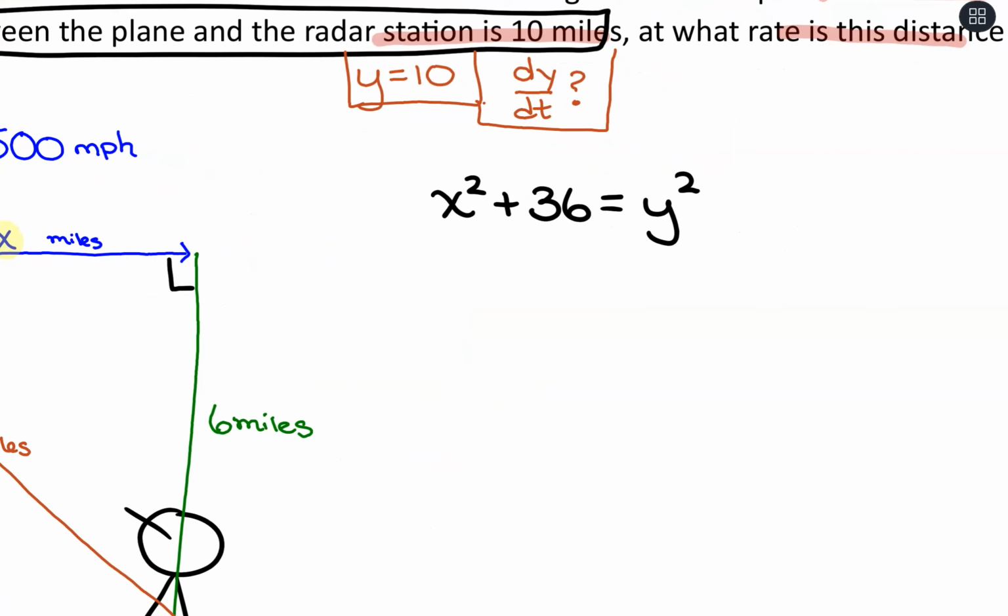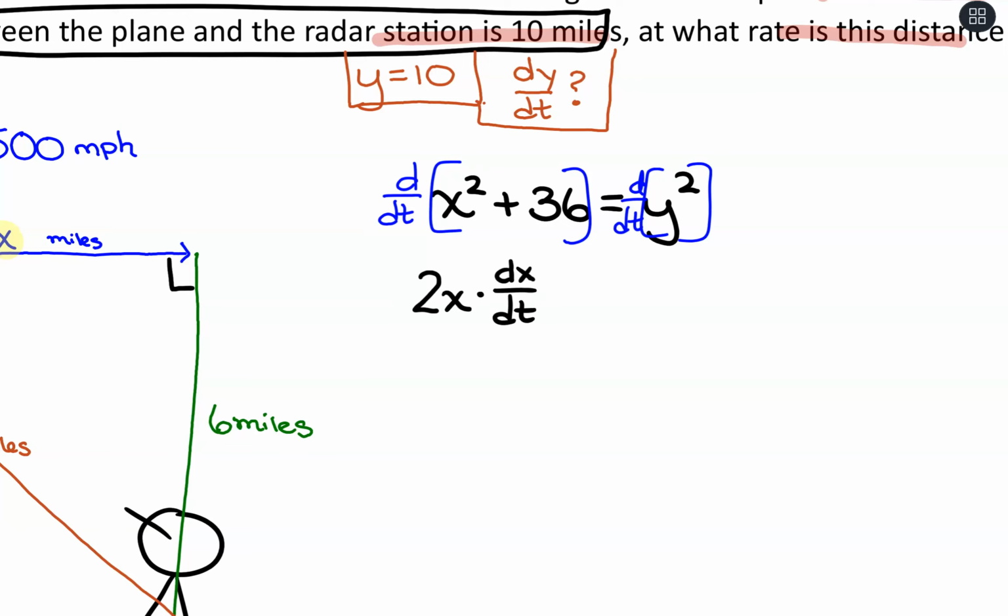And from there, let's take the derivative with respect to t. So the derivative of x squared, we'll have 2x, but then with chain rule, we will also have dx/dt. Derivative of 36 is just 0, equals the derivative with respect to t of y squared, we'll have 2y, and then with chain rule, we'll have dy/dt multiplying on.